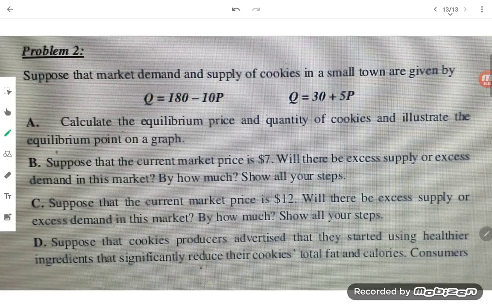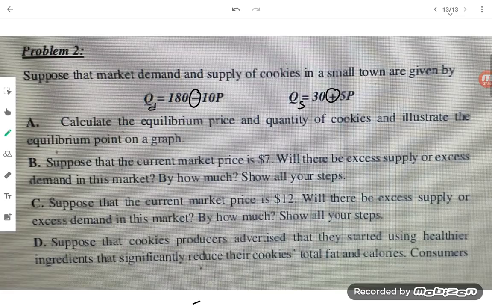So Q equals 100 minus 10p means that this is the demand function. And Q equals 30 plus 5p, so it's a positive relationship, means this is the supply function. From this sign, we have identified whether this is the demand function or the supply function.